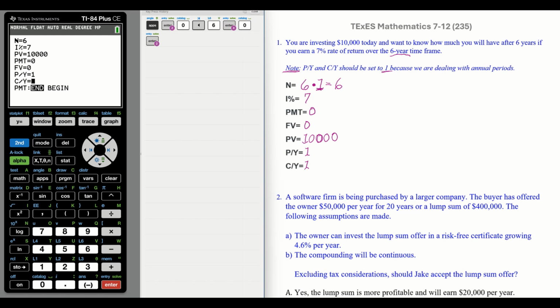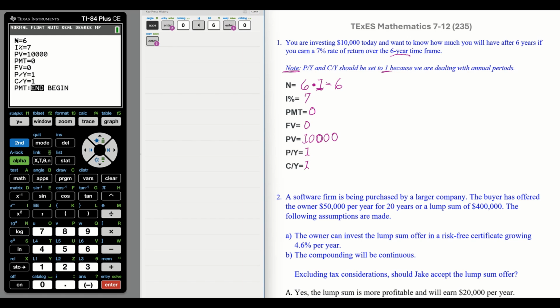Usually that comes pre-entered. Now down here at the bottom where it says end and beginning, you look at your word problem, and does it say that we're worried about things at the end of the year? Yes, we are. It's not talking about a payment at the beginning. It could, but it doesn't.